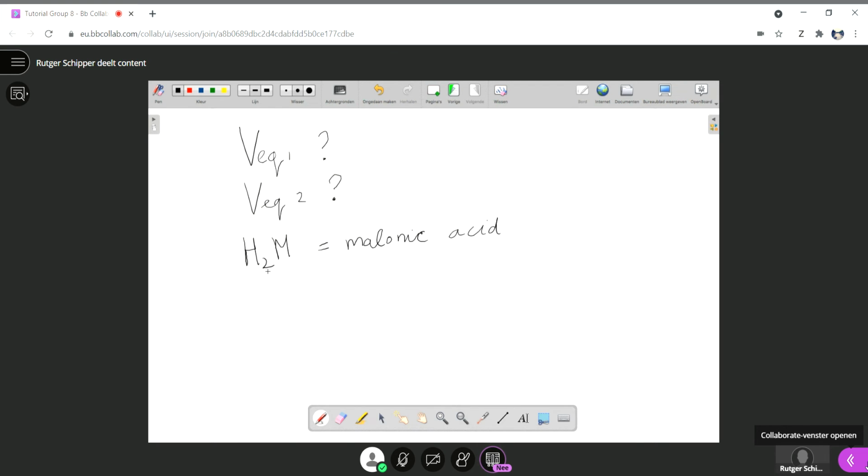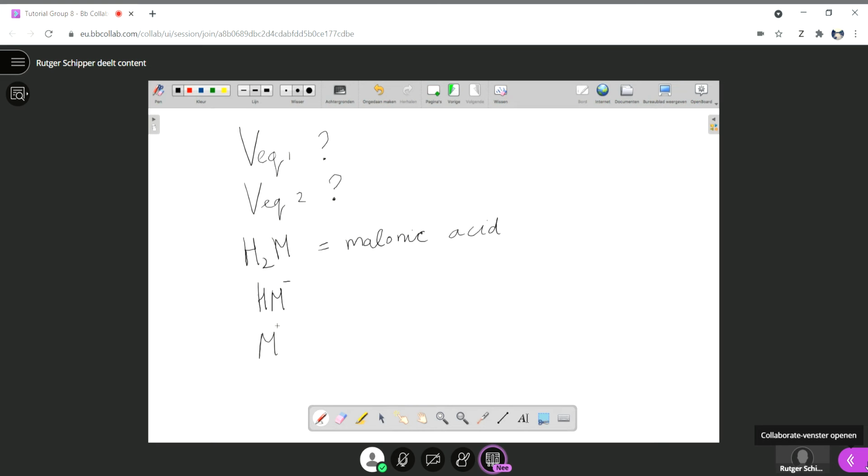And most of the time, well, actually all the time, you will have to be treating it as a monoprotic acid. And what that actually means is that here I wrote down the malonic acid form we're dealing with, and it's able to donate a proton once, and it will get the HM minus.